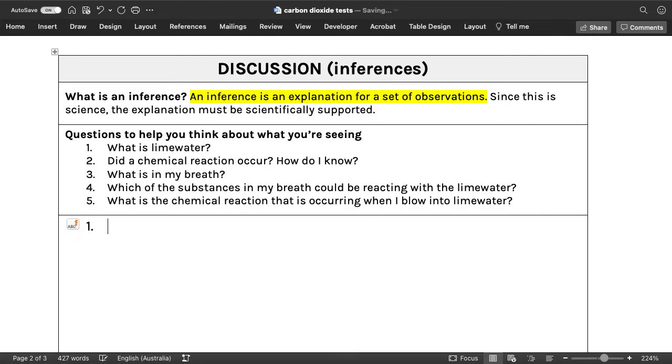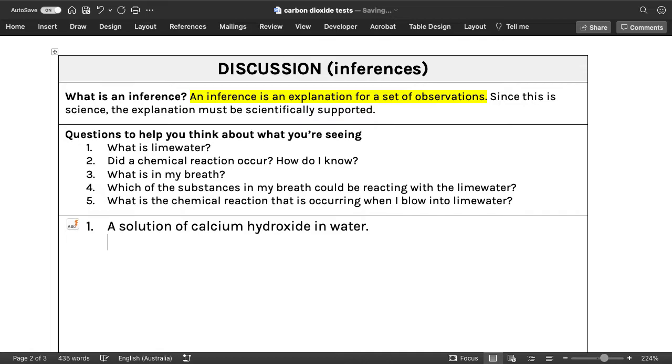So with question 1, what is lime water? Lime water is a solution of calcium hydroxide in water. Now, what does that mean?